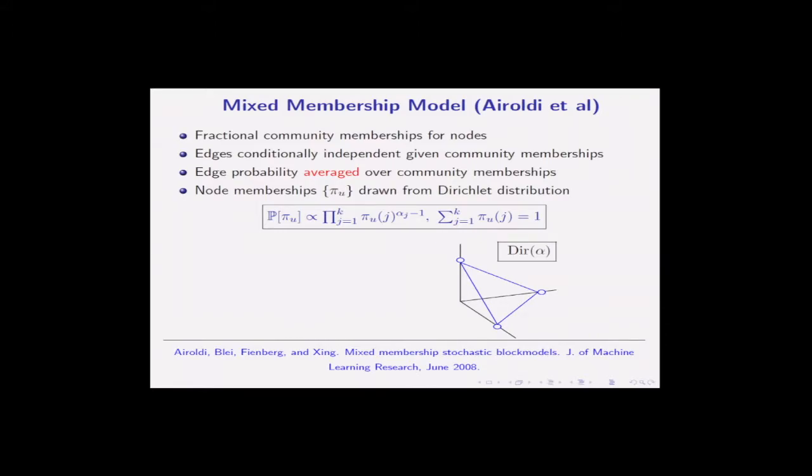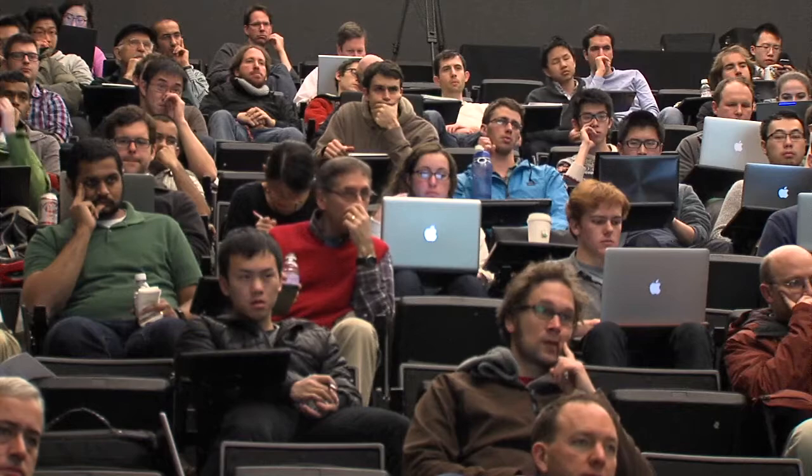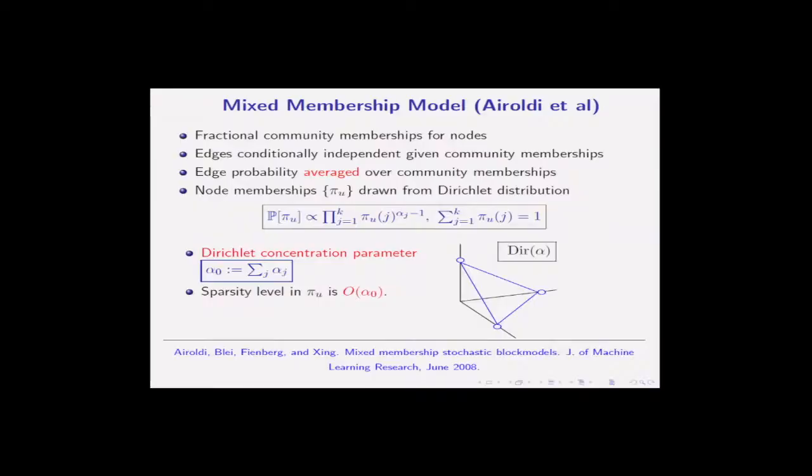And the intuition is that in certain regimes, you can have sparse memberships under this Dirichlet distribution. For instance, if you take this parameter, which is called the concentration parameter of the Dirichlet distribution, and look at the limit of it going to 0, it's a degenerate distribution. This distribution is only concentrated on the vertices of the simplex.